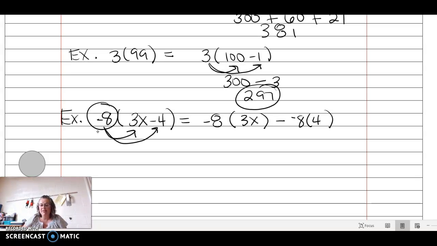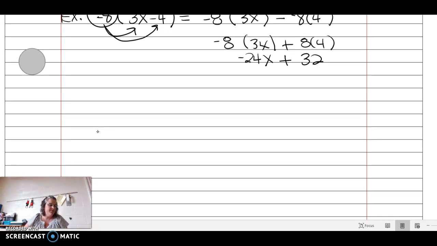Which, when you take a minus and a negative, you end up really adding. So you have negative 8 times the 3x plus 8 times 4. Negative 8 times 3 is negative 24x plus 32. And because we don't know what x is, we are done with that.